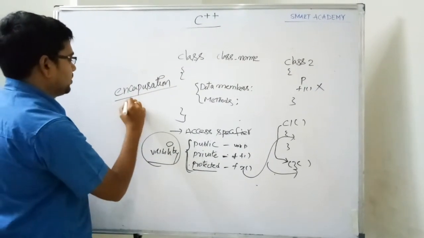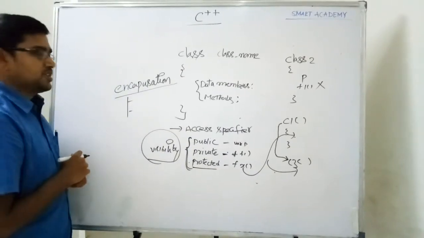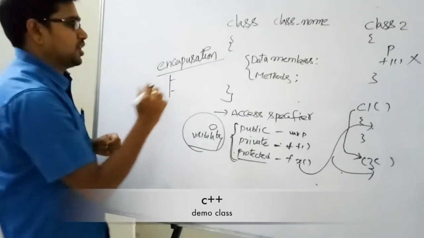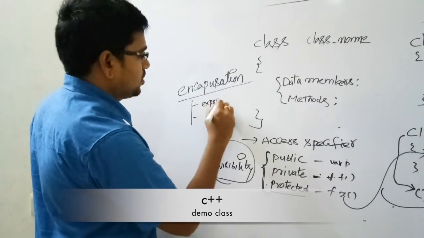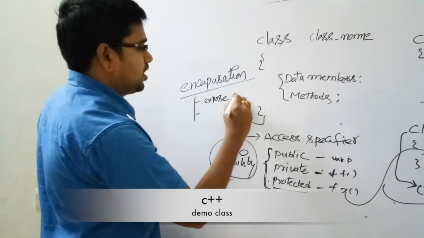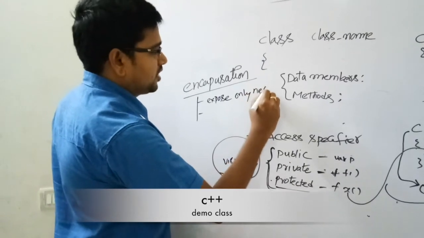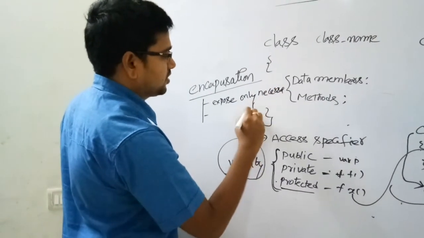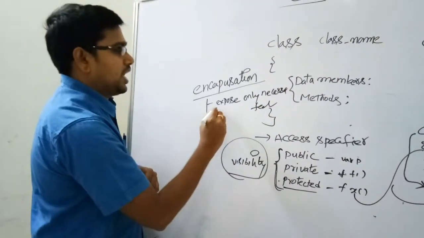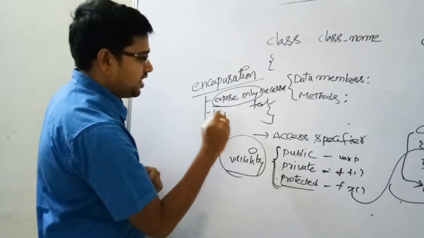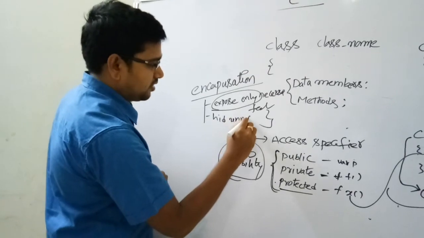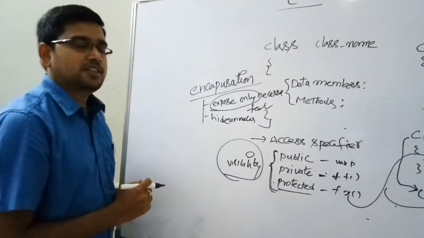What is encapsulation? There are two points for encapsulation. Number 1, expose only necessary features. Second one, hide unnecessary things.